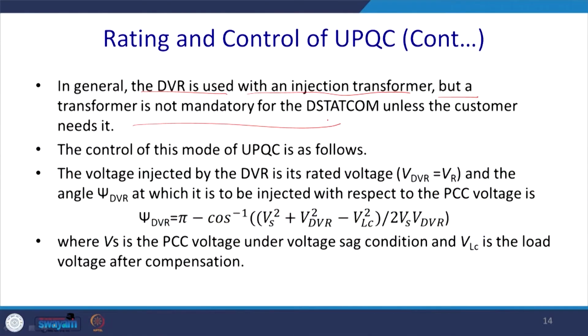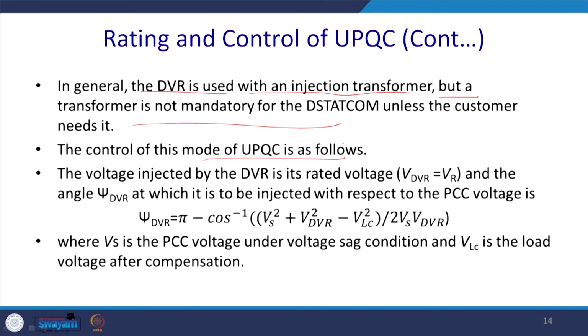But a transformer is not mandatory in the case of the D-STATCOM unless a customer needs it or the grid code forcefully enforces it. So, for this reason the control of this UPQC method may be as follows.